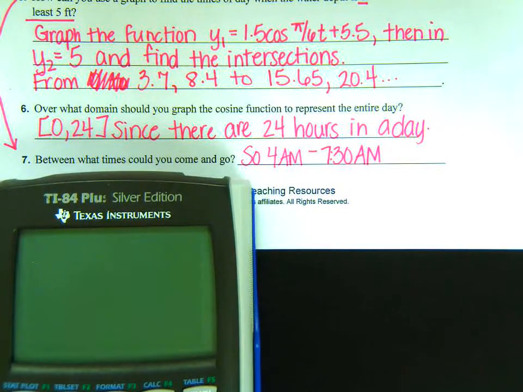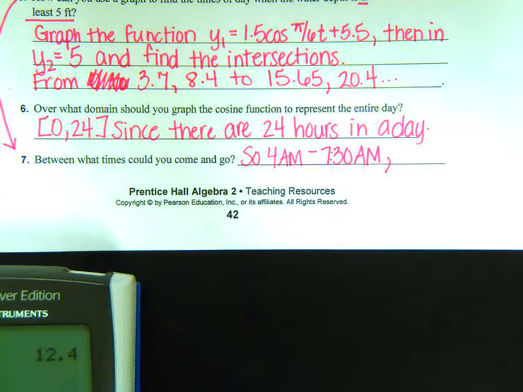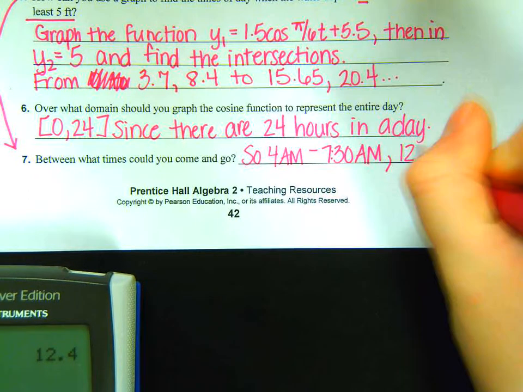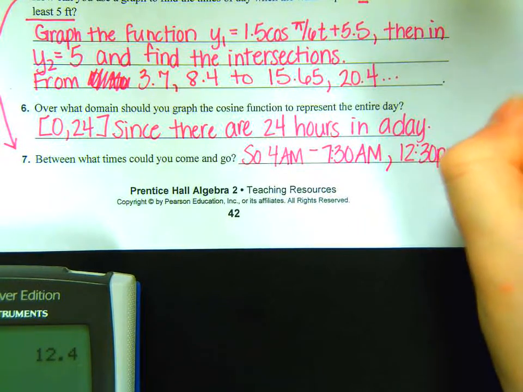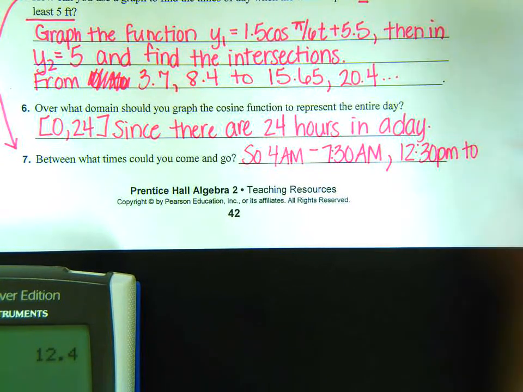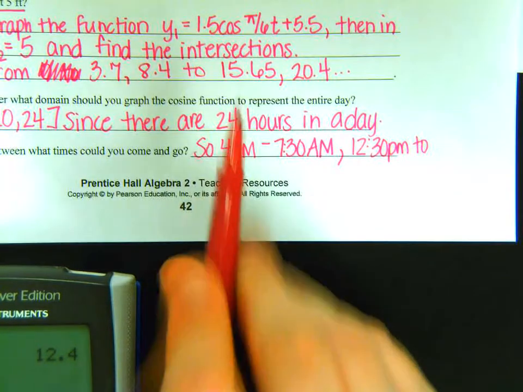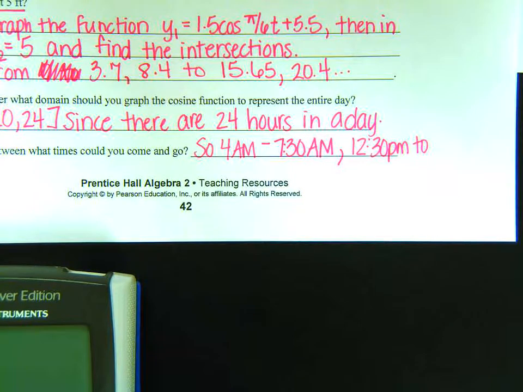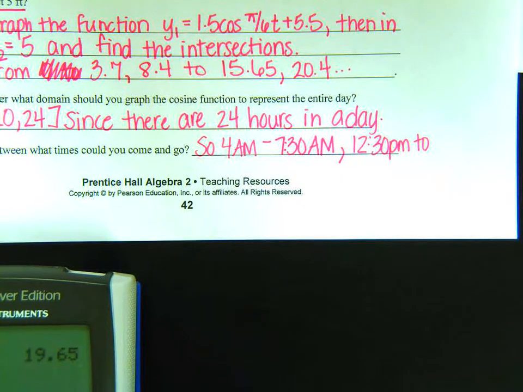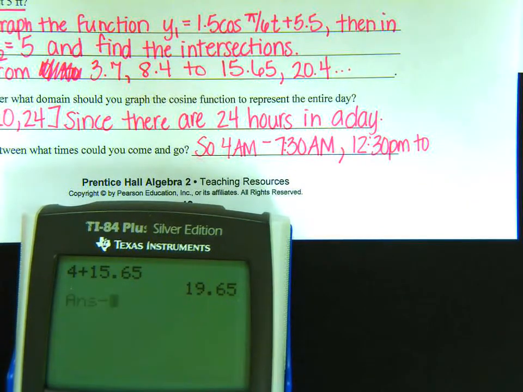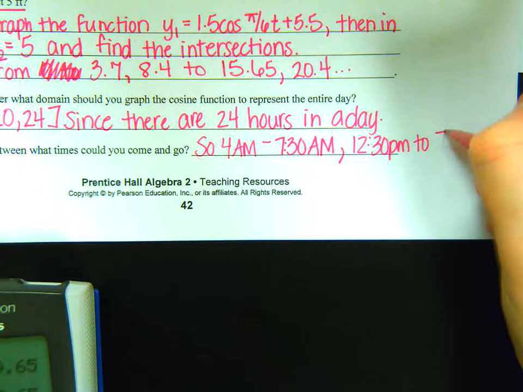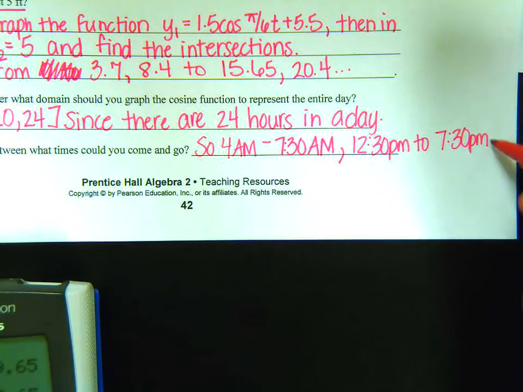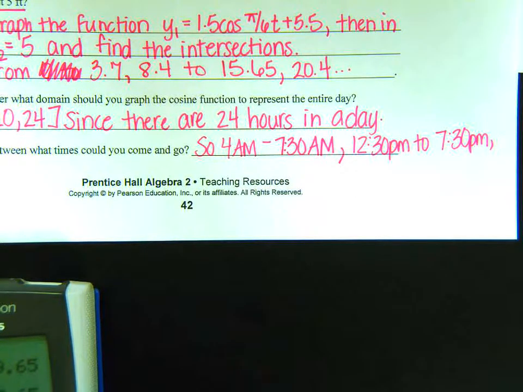Now take your calculator and do 4 plus 8.4. That's about 12.4, so that's about 12:30 p.m. to then I have 15.65, so we plus 15.65, and most people do not do military time, so 19.95 minus 12 gives us about 7:30 p.m. And then obviously that's back about 24 hours again.